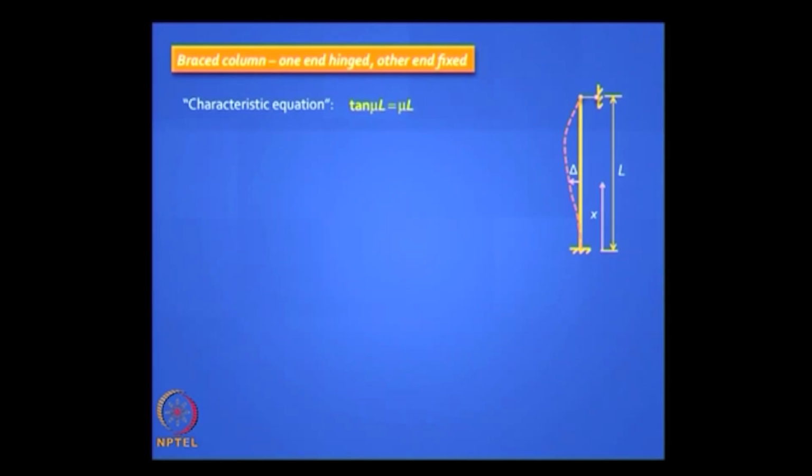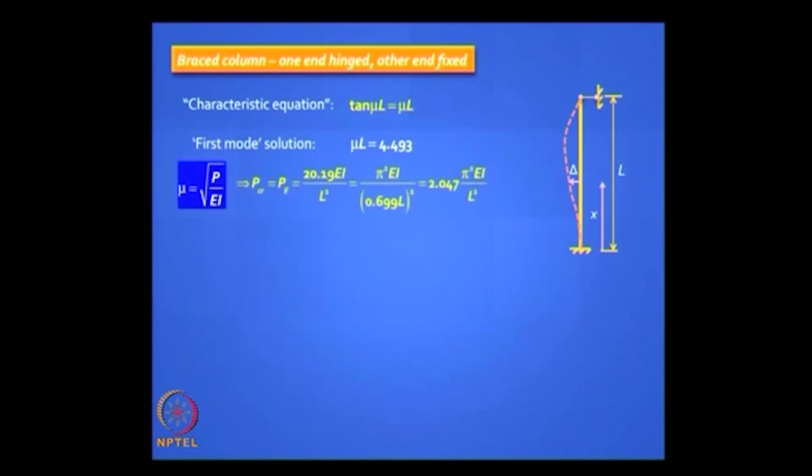You remember when you did eigenvalue analysis, there was something called the characteristic equation, and the first mode solution in this case is 4.493, and if you plug in the value of mu, you can get the critical buckling load, which we also call the Euler load, and it turns out to be 2.047 pi squared EI by L squared, which can also be written as pi squared EI by (0.7 L) the whole squared.